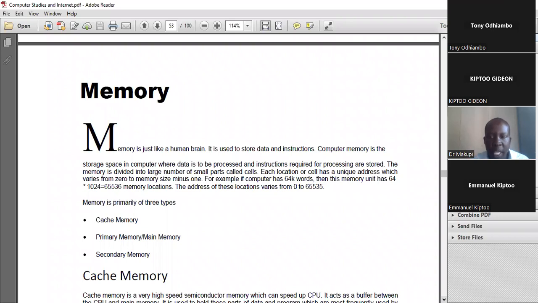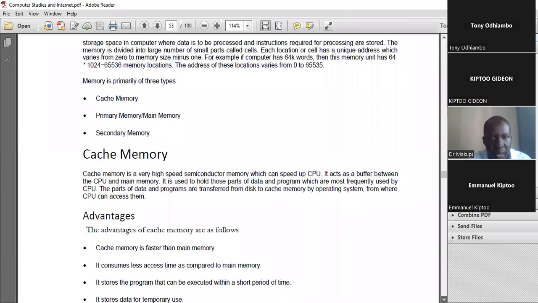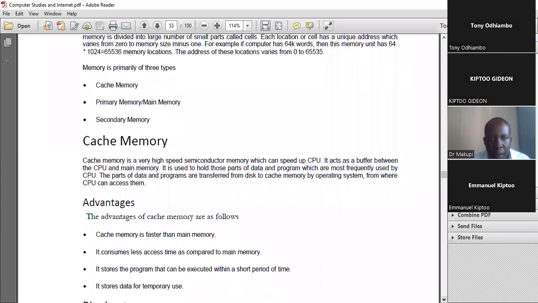Now, memories are primarily of 3 types: the cache memory, the primary memory, and the secondary memory. I want us to quickly go through these 3 different types of memories. Now, the cache memory is a kind of memory found in between the CPU and the main memory, or the primary memory.